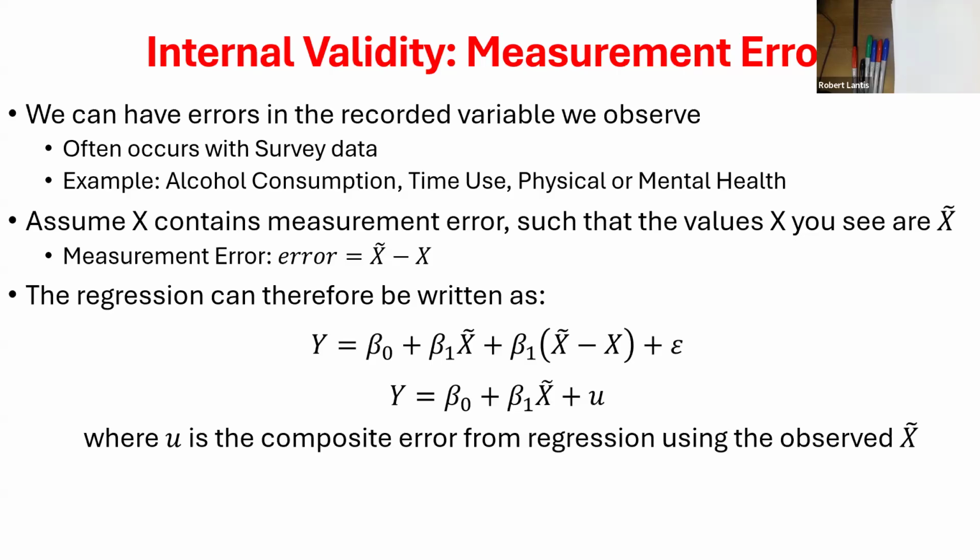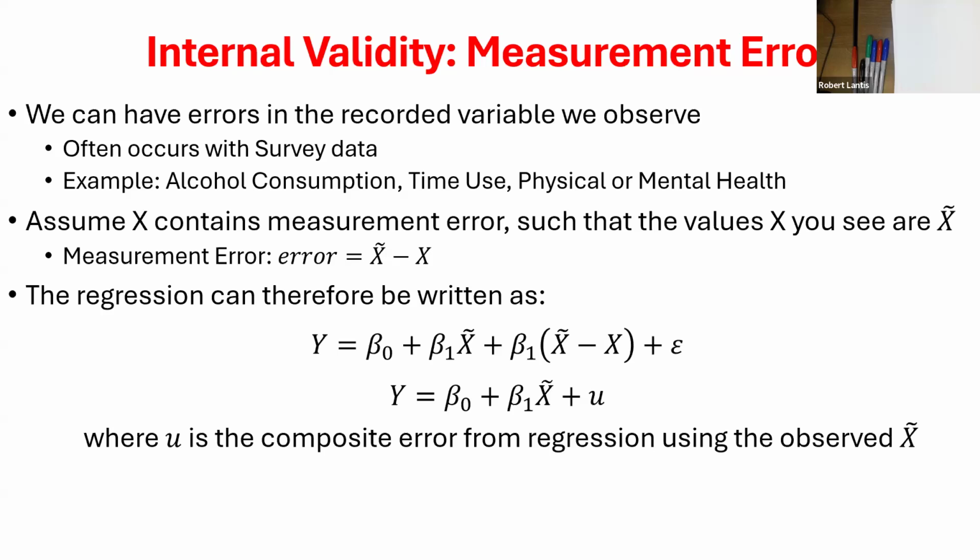So what ends up happening is the true error term. When we run these regressions, we said we could come up with a predicted Y value and then take the difference between the predicted and actual Y. That was our error term. Well, if I have misreporting in the data, when I run the regression, I won't actually have the correct error term.